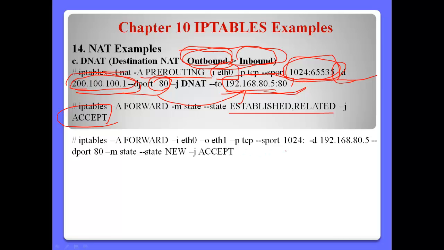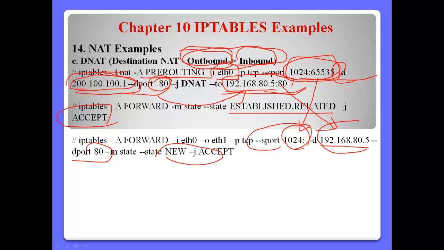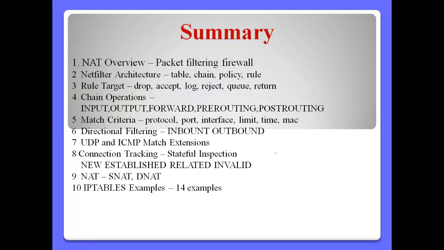And one more thing, the outbound traffic from the source port 1024: means 1024 to the last port number. This is the same, and the destination 192.168.85, destination port 80, must be accepted as well, because this is a private IP address as a DMZ.